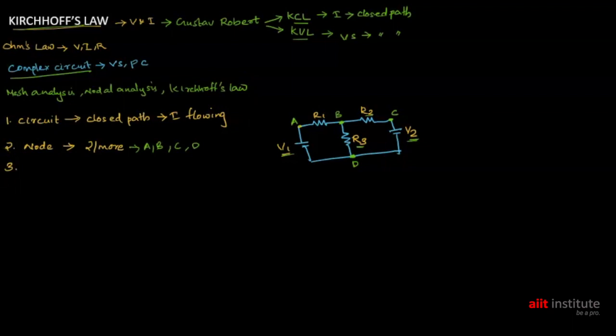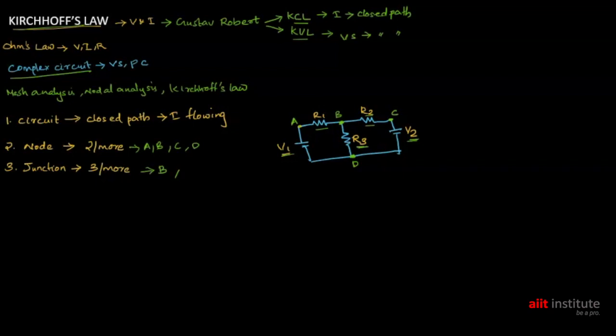Third one, junction, which is similar to a node. Here, a point where three or more circuit elements meet or connect is called a junction. In this circuit, you can see three circuit elements connecting at this point, so we can say B is a junction.